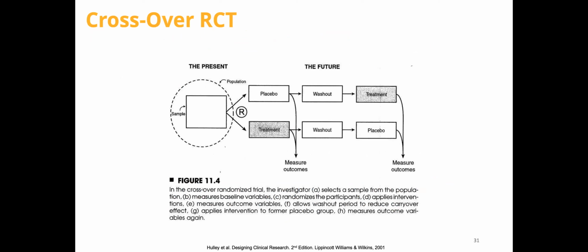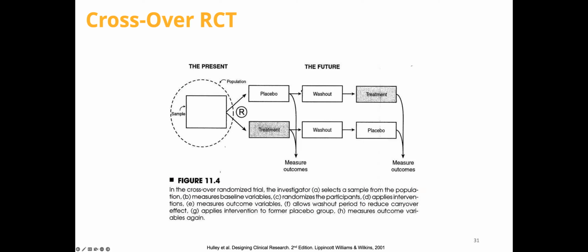Another example of a study design in RCTs is the crossover RCT. In this situation, we start off again with our study sample based on our pre-specified study population. We randomize individuals to receive either placebo or treatment. And then after a certain period of time, we measure their outcomes.